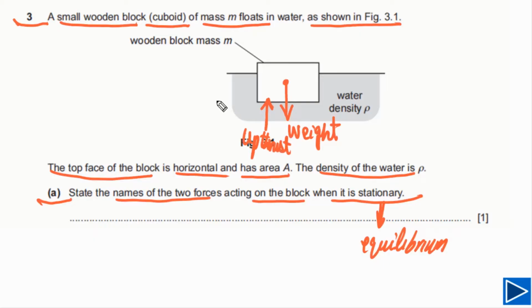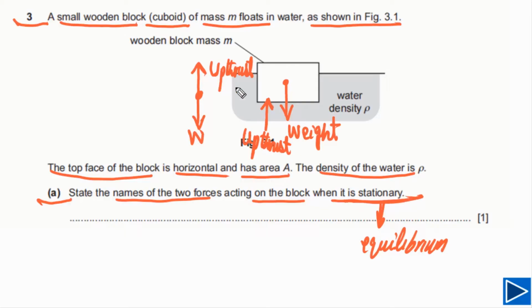If we draw the free body diagram for this one, we can simply draw weight acting down, so this is W, and upthrust acting up, and these 2 forces are equal in magnitude but in opposite direction. So this one is upthrust. These 2 forces are acting on this block as this block is stationary.